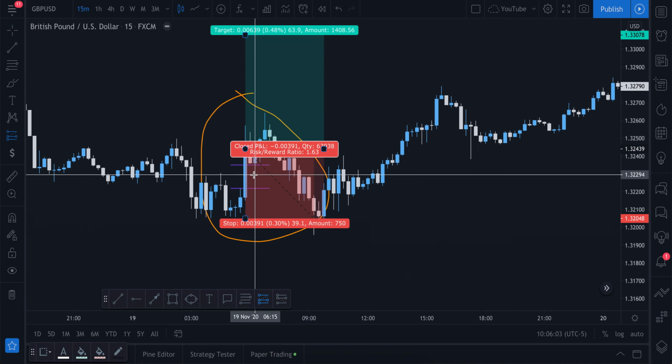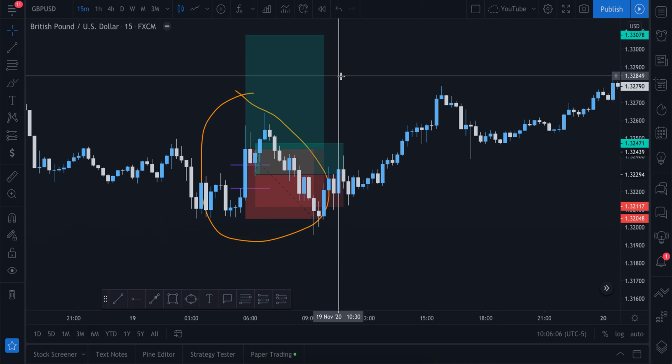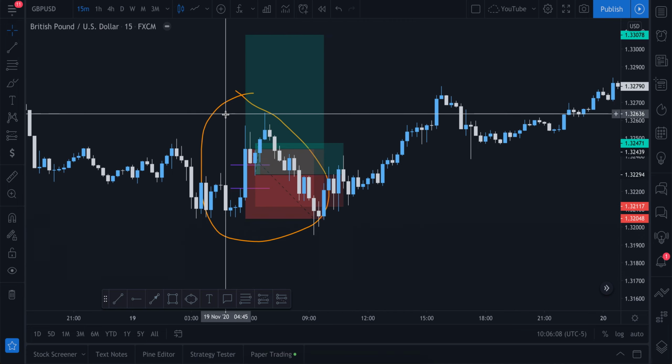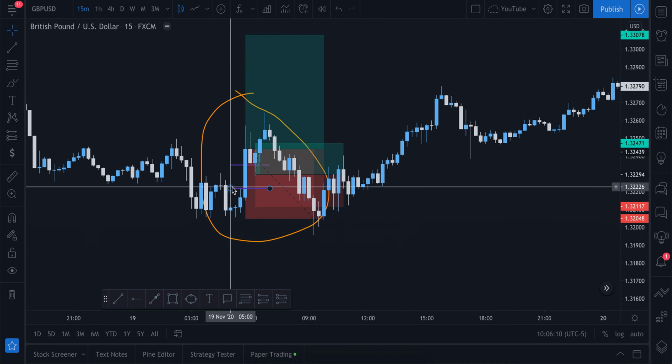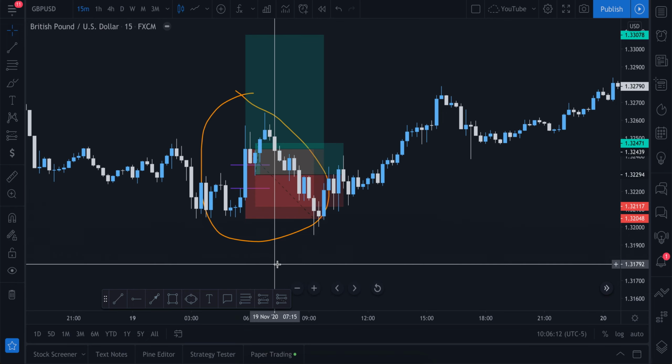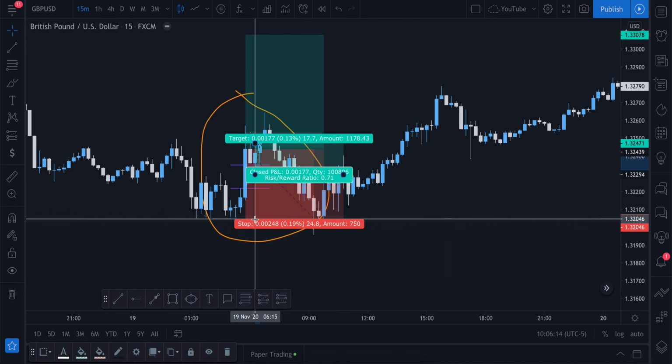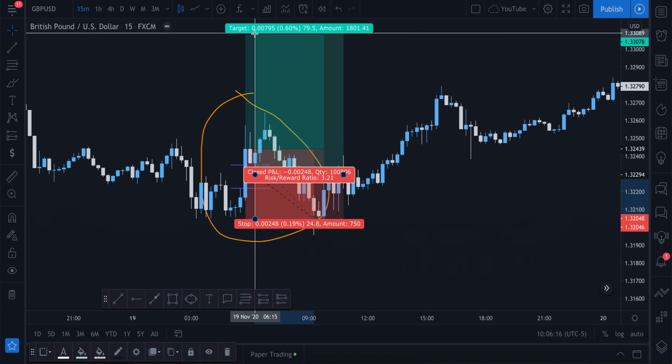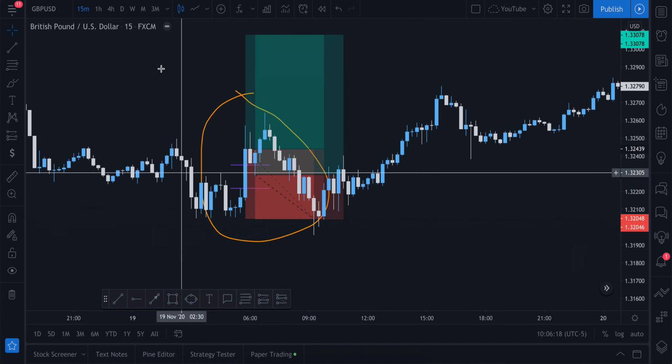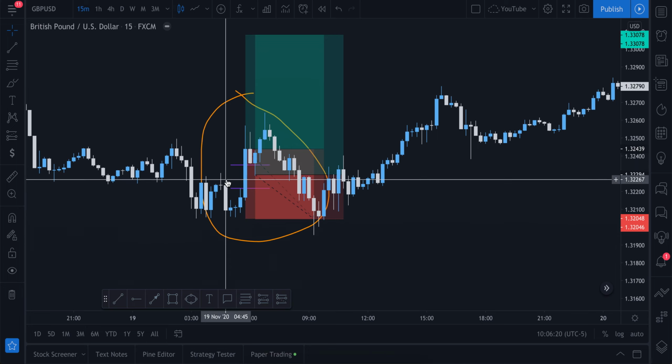However, now because we know about price imbalance, if we waited for that imbalance right here to be filled, in that wick to come down, what I'm doing is I'm making my second trade with that wick in, right?